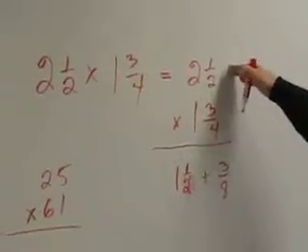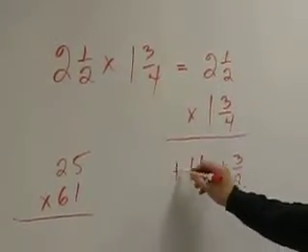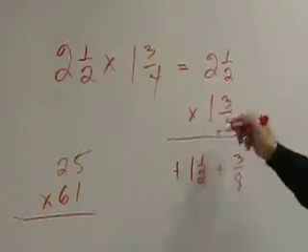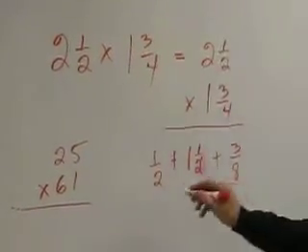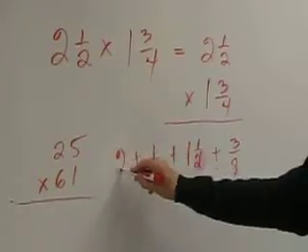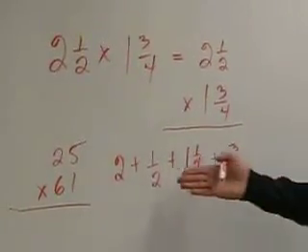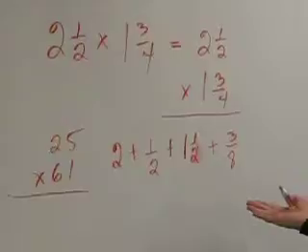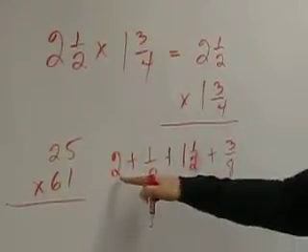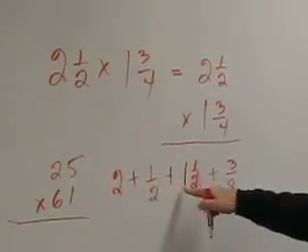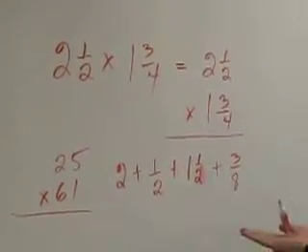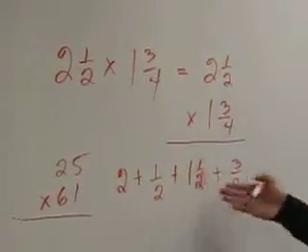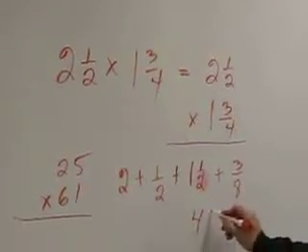Whole number times the fraction, 1 times 1/2, or 1/2 of 1, gives me 1/2. And lastly, whole number times whole number gives me whole number 2. So when I take these and put them together, I have whole number 2 plus 1 is 3, 1/2 here and 1/2 here to give me another whole, which is 4, plus the 3/8, 4 and 3/8.